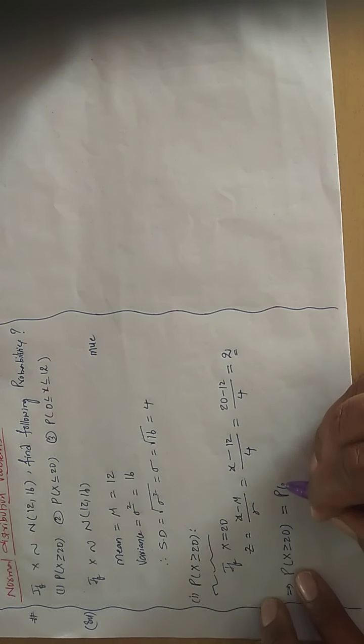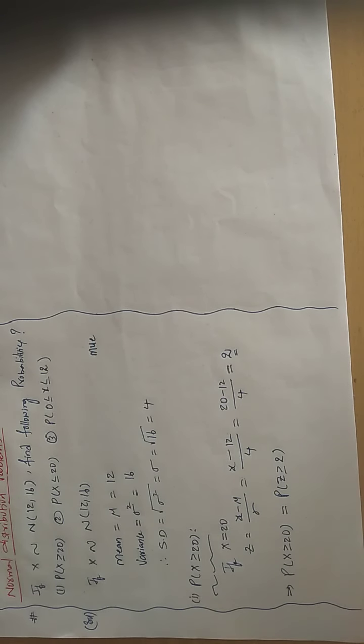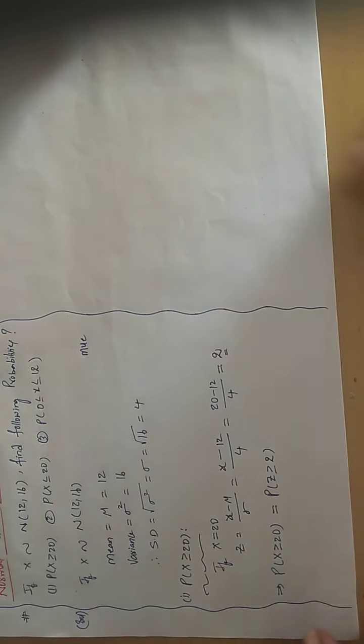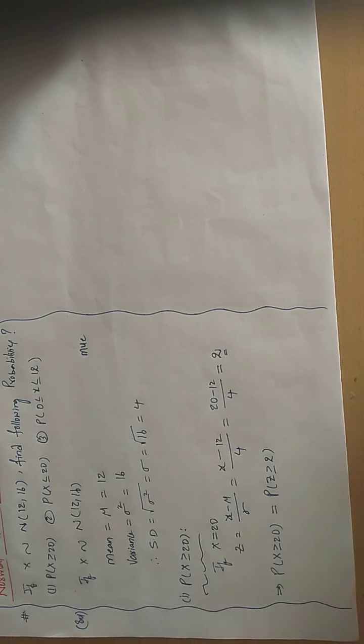So this probability is equal to probability of z more than or equal to, instead of 20, what do you write here now? 2. This step is very, very important. Getting my point? So simply what we did here, we converted the normal variate into a standard normal variate value. Again we took the given probability, now relate a normal variate with that of the standard normal variate.